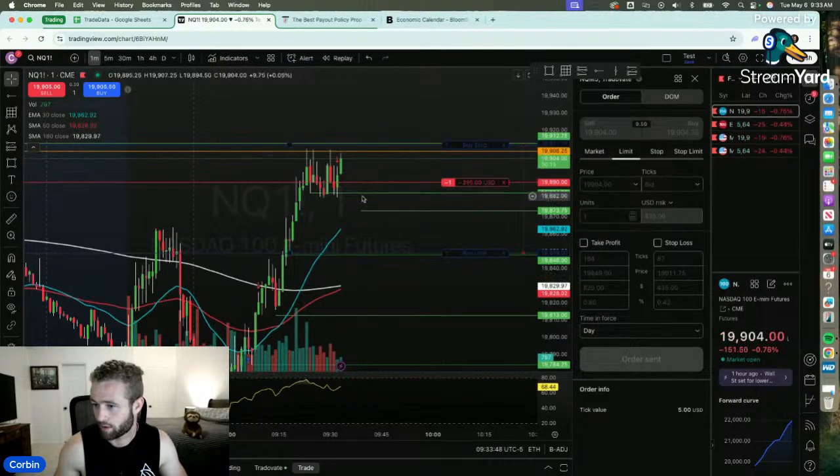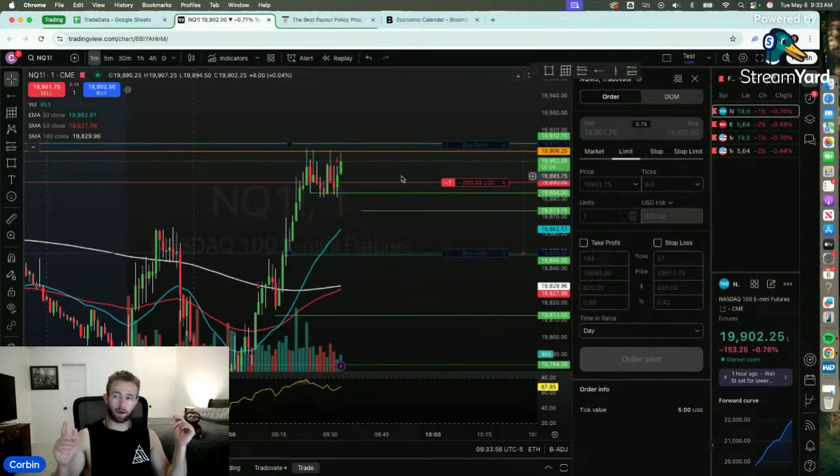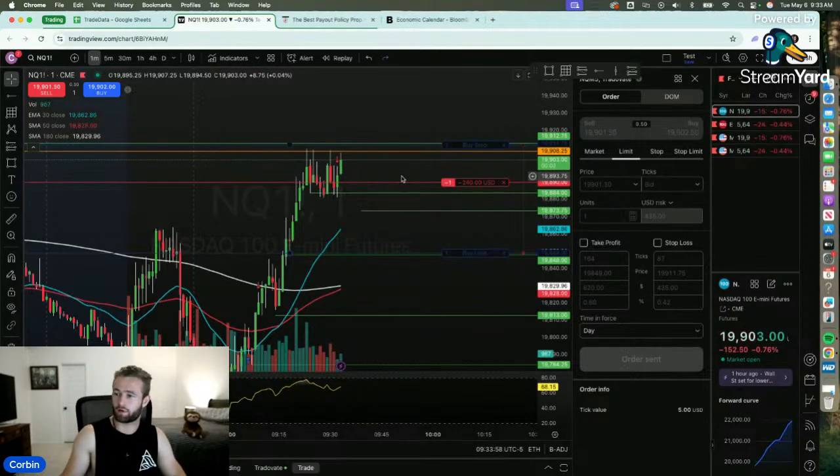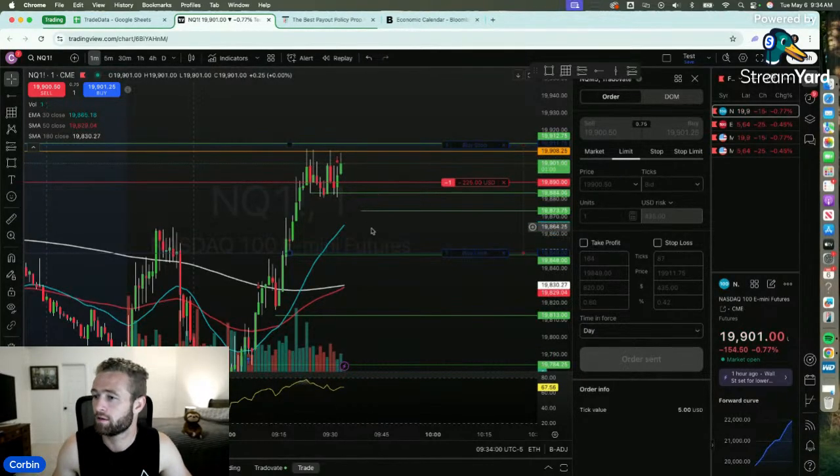It looks like we're getting a little bit of volume. It could just break and press right up through that. But if it does, that's okay. We get stopped out. That's fine. We know where our risk is, and then we reassess. We find the next opportunity. Ain't no big deal.